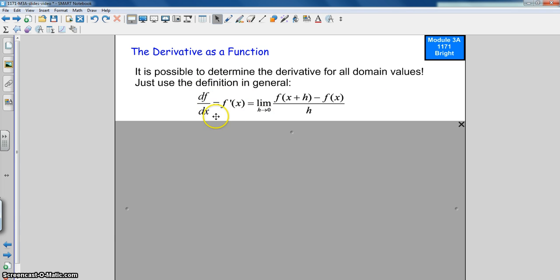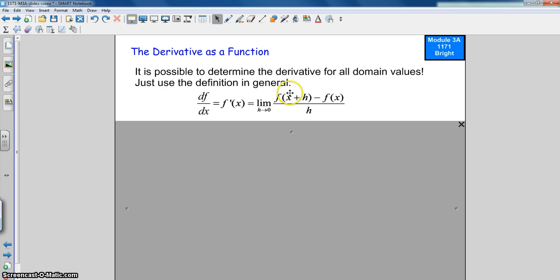So if we generalize our definition and we just find the derivative of a function f with respect to x, meaning we hold everything but x constant, and then we differentiate x. All this is the limit, by the definition, as h goes to 0 of the difference quotient.